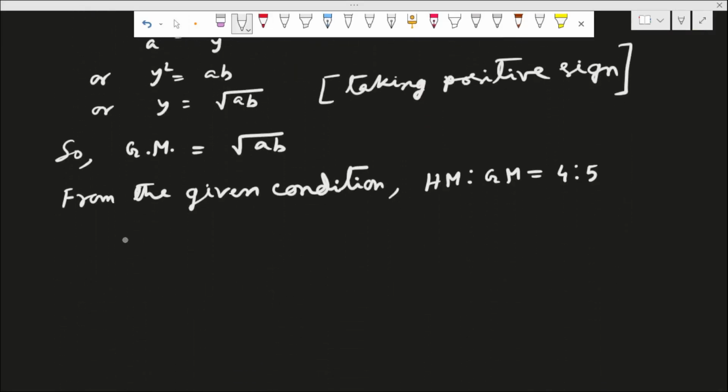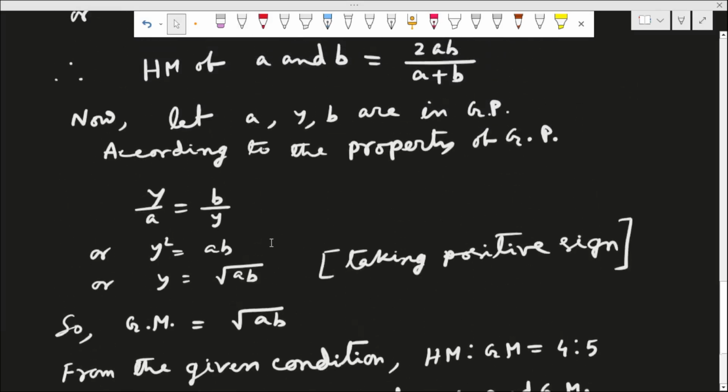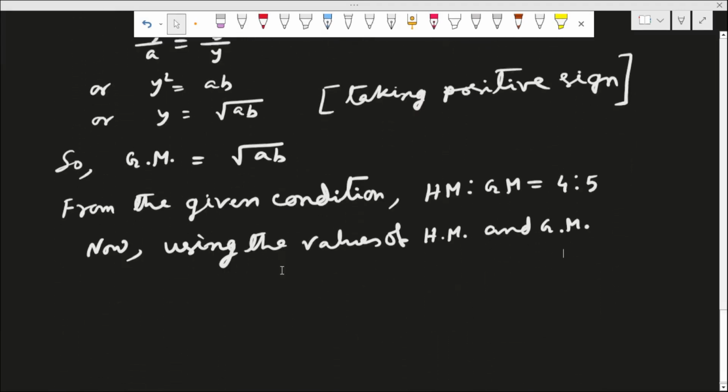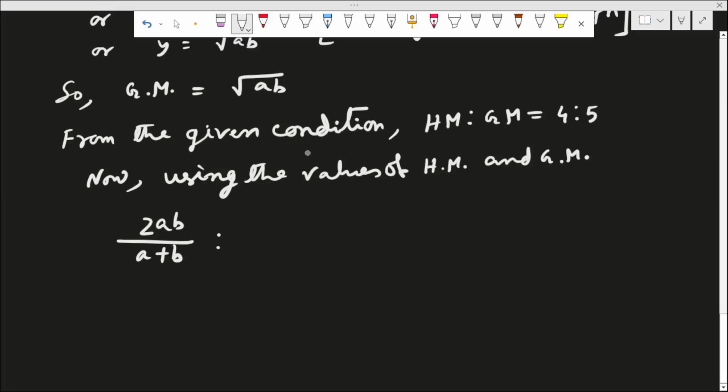Now using the values of HM and GM, what may we write? HM is equal to 2AB by A plus B, GM is root AB, and that is equal to 4 is to 5.